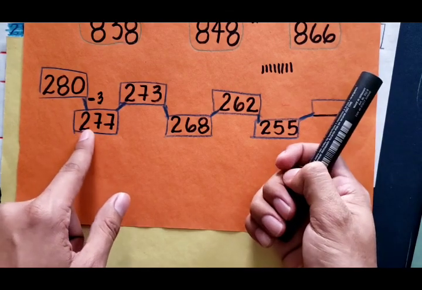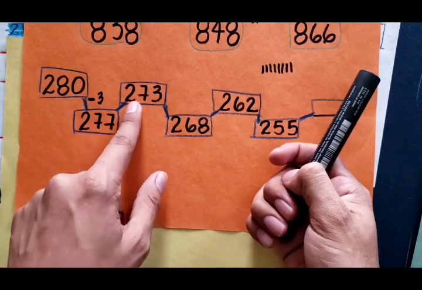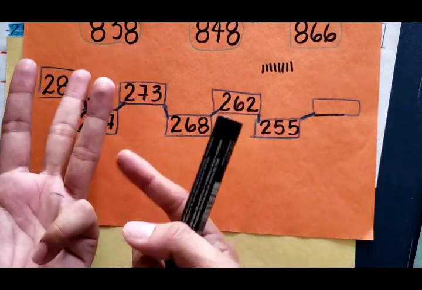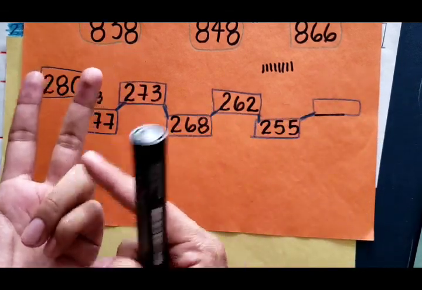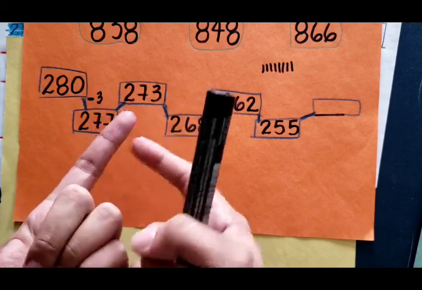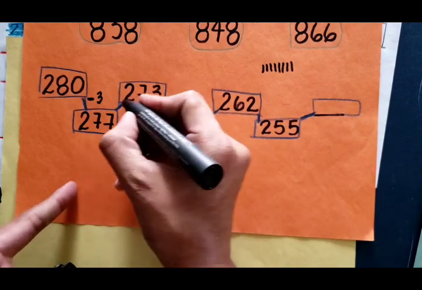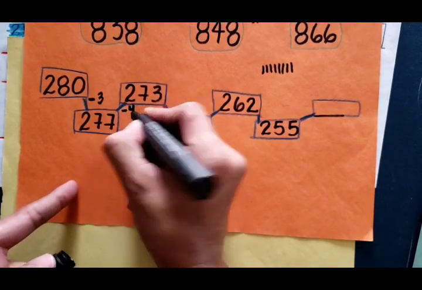Let's look at the next one. 277, 273. 277, 276, 275, 274, 273, minus 4.